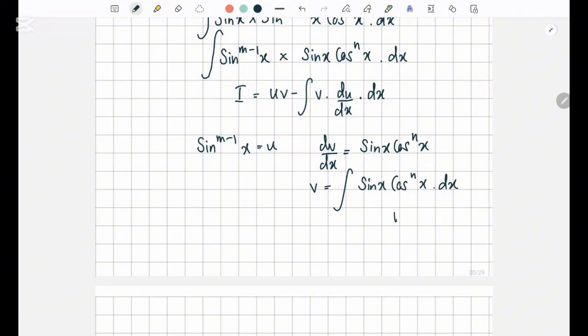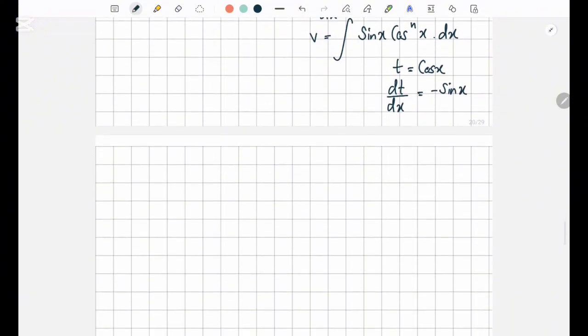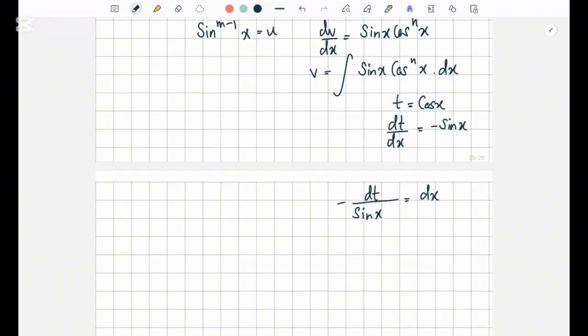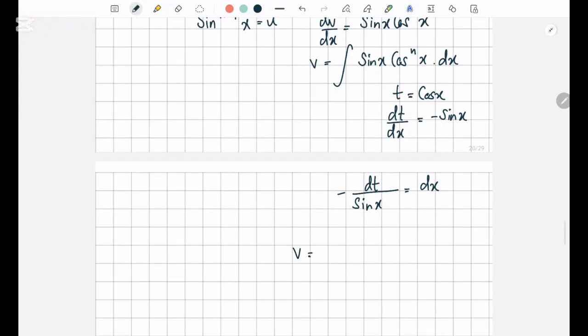You can take a substitution of t equals cos x, so then dt over dx equals negative sine x. I'll go on to the next page. So we have dt over sine x, with the negative sign, equals dx. So v equals the integral of sine x into, instead of cos x I'm going to write t, so it's t to the power n.